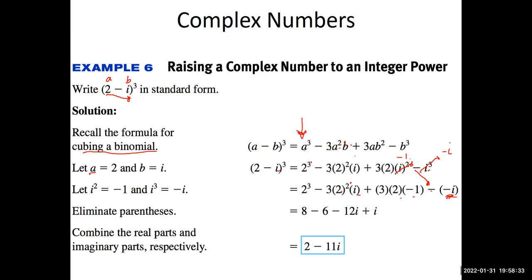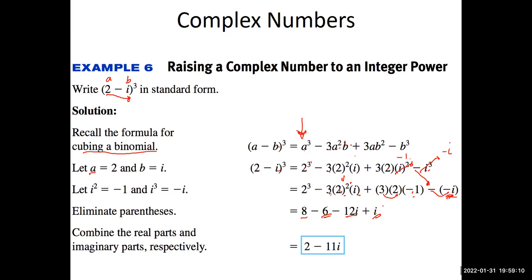And then let's perform the operations. So 2 cubed is 8. This is negative 3 squared, I mean 2 squared, i. So 2 squared is 4. Multiplied by 3 is 12i, so negative. And then 3 times 2 is 6 times negative 1 is negative 6. And then minus negative i, that is positive i.